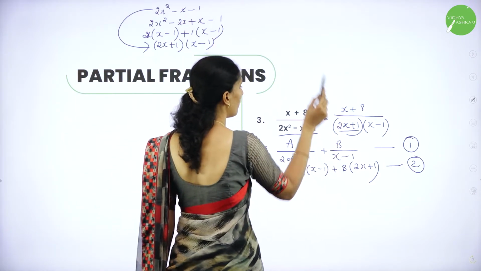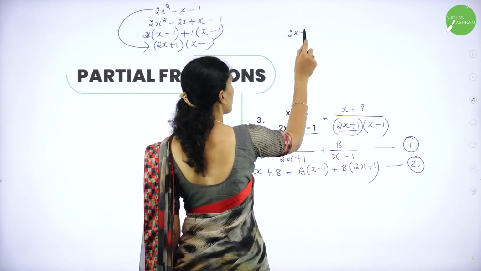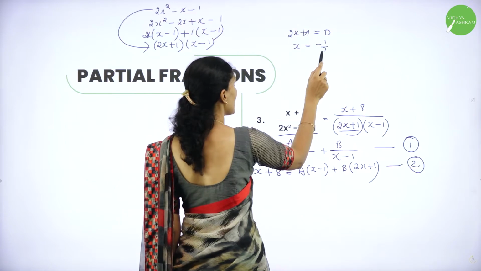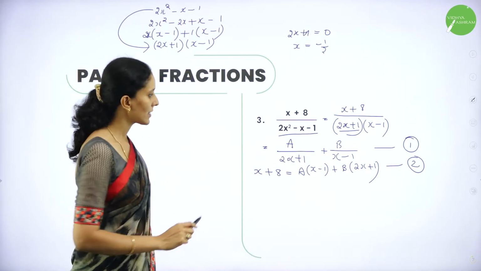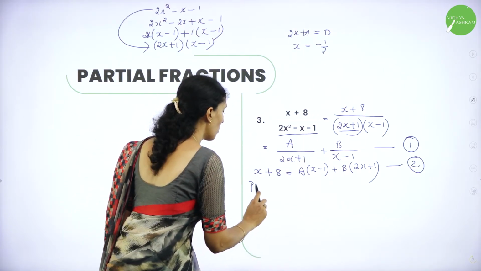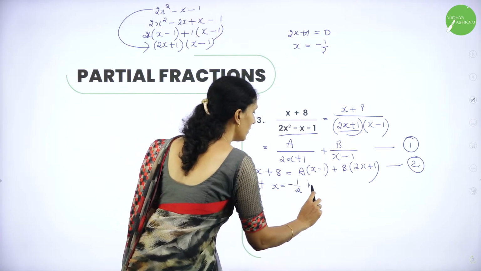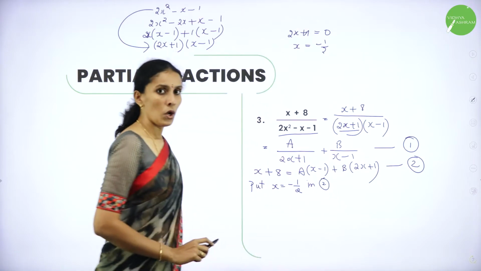So let me equate the first one, 2x plus 1 equal to 0. I'll get x is equal to minus half. Put x is equal to minus half in equation 2. What happens?